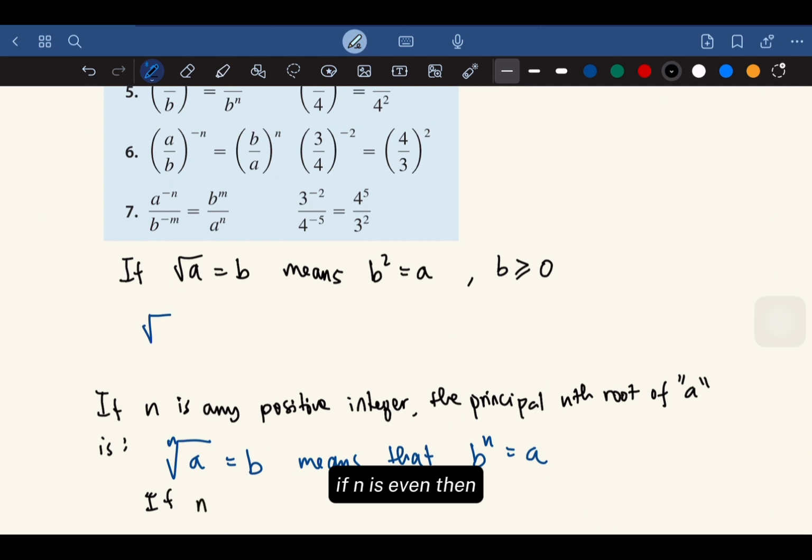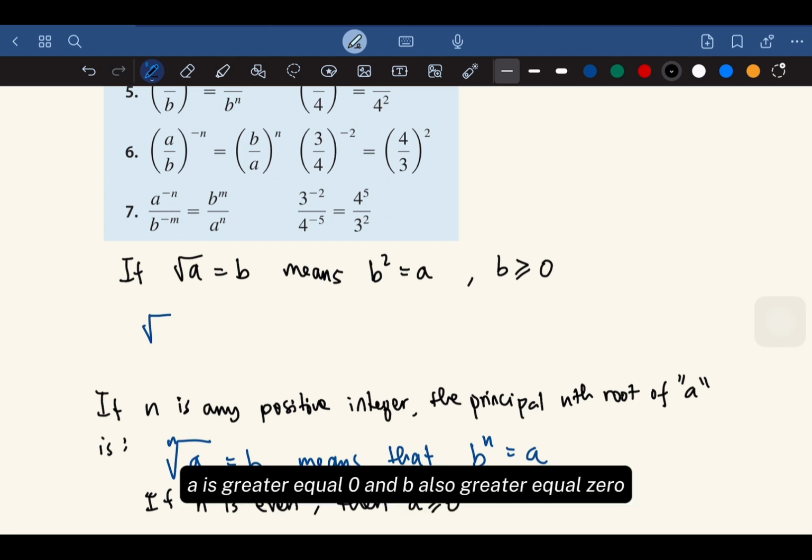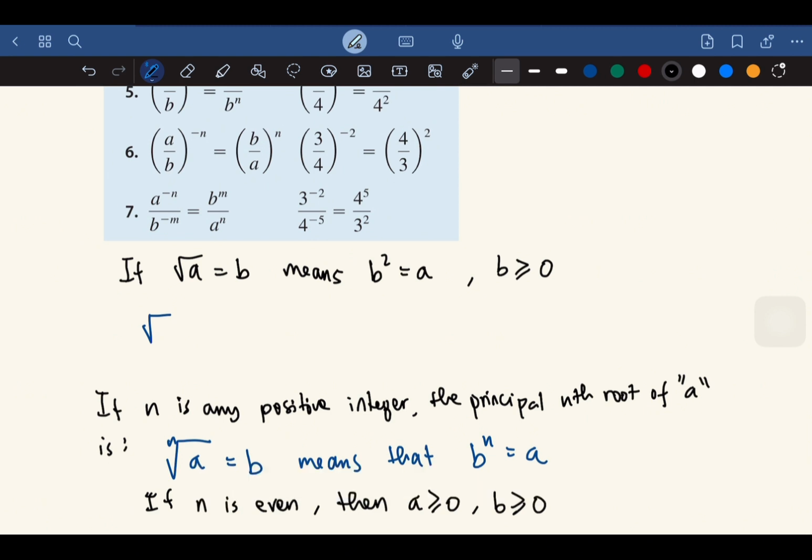If n is even, then a is greater than or equal to 0 and b is also greater than or equal to 0.